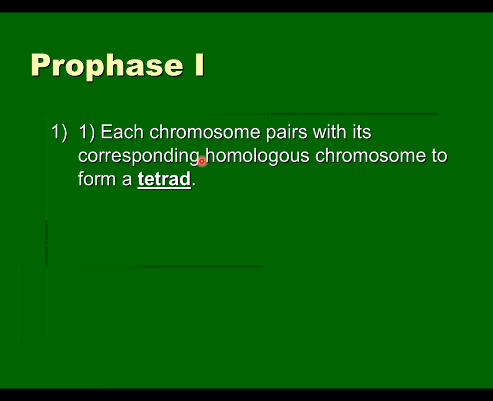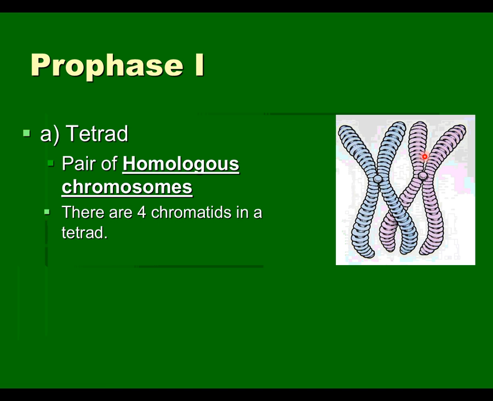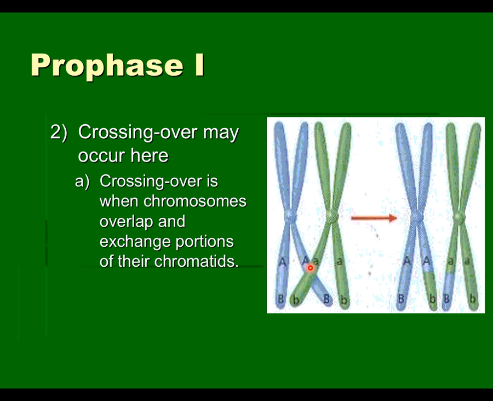So each chromosome pairs with its corresponding homologous chromosome to form what's called a tetrad. So in this case, a tetrad is this pairing here. So these pair of homologous chromosomes. So now there are 4 chromatids in this tetrad here. 1, 2, 3, 4. Right? Now, that's kind of interesting because at that point in that tetrad we have a process called crossing over.